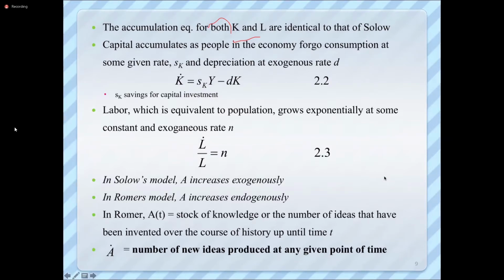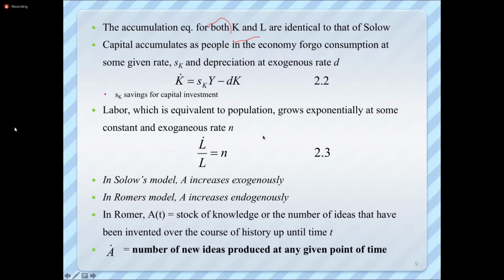The accumulation equations for both capital and labor are identical to those of Solow. You need to know what capital accumulation is here. Look at equation 2.2. What's the difference here? K dot is the change in capital over time. You have sY, but s here is written as sK, the portion of savings used for capital investment, minus dK, depreciation.